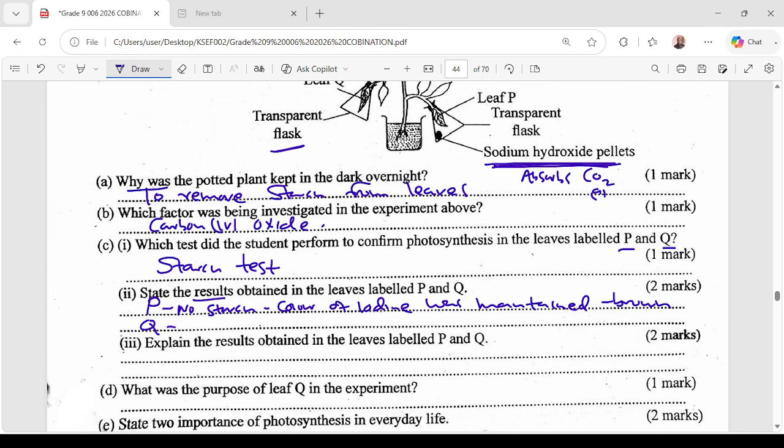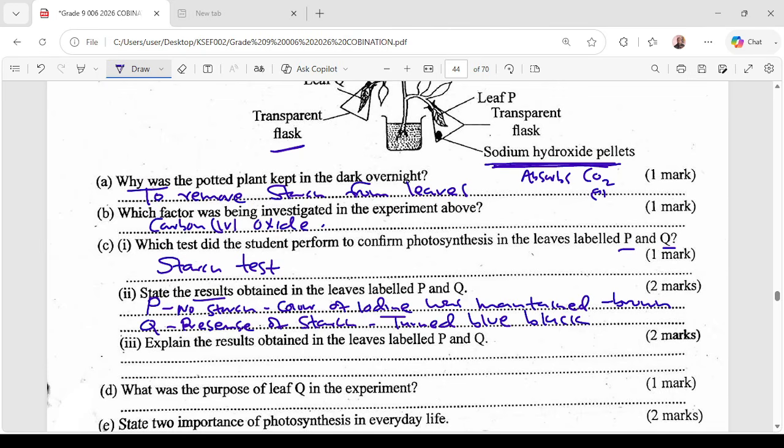Q, presence of starch. Turned blue black. Explain the results obtained in the leaves P and Q.